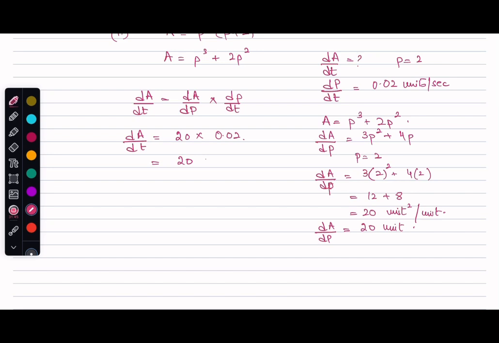This value is going to be 4 divided by 10, which is 0.4 units square per second. So this is then the rate of change of the area for this question.